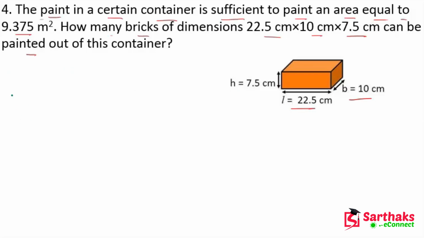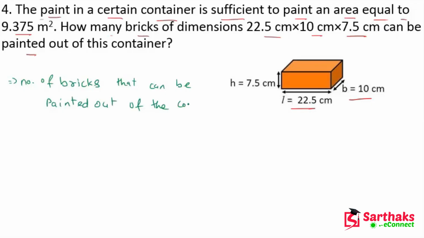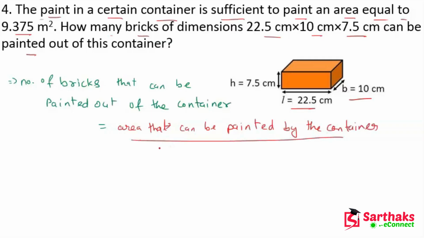So here you can write the number of bricks that can be painted out of the container is equal to the area that can be painted by the container, divided by the total surface area of bricks.